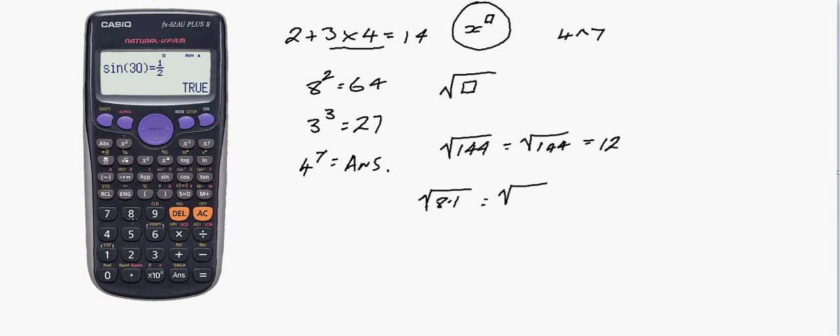So you then push in 8.1, you hit equals, and then you'll get your answer. Okay, so that's fairly simple. So squaring something and finding the root of something is fine.